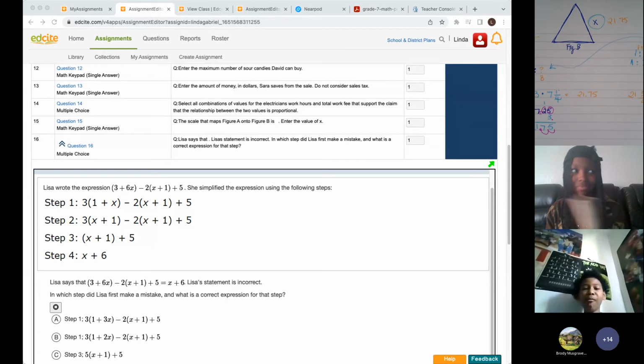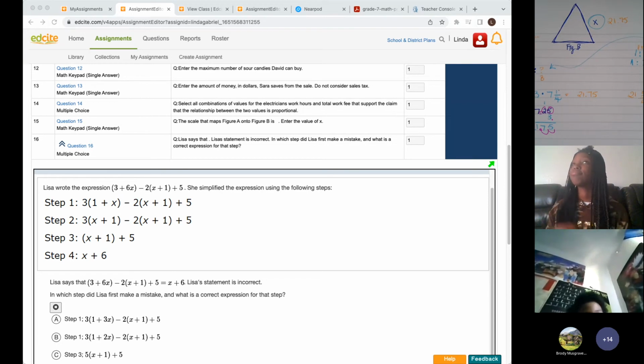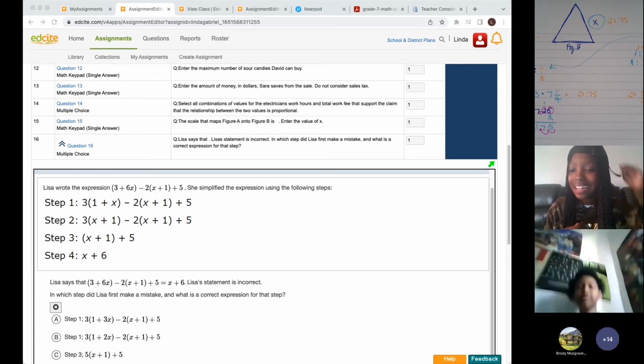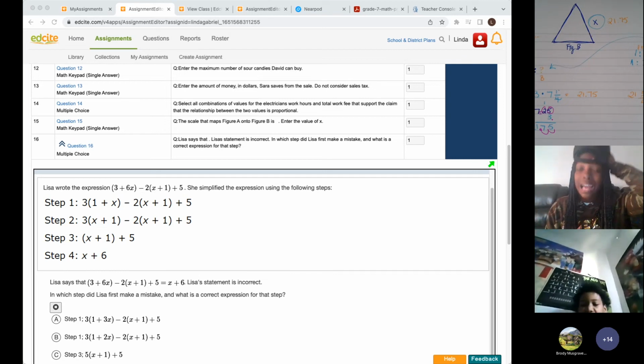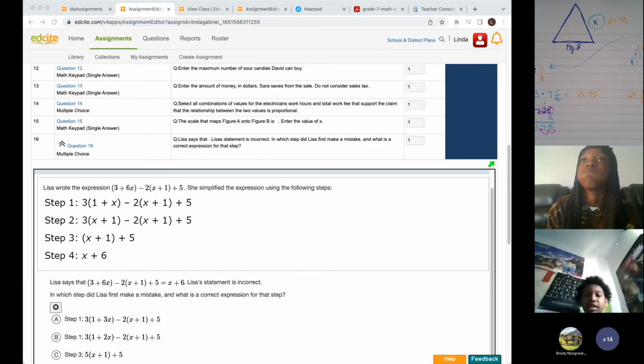Lisa's statement is incorrect. In which step did Lisa first make a mistake? And what is the correct expression for that step? So what we need to do essentially is figure out how to simplify the expression that we have to see where Lisa made a mistake.